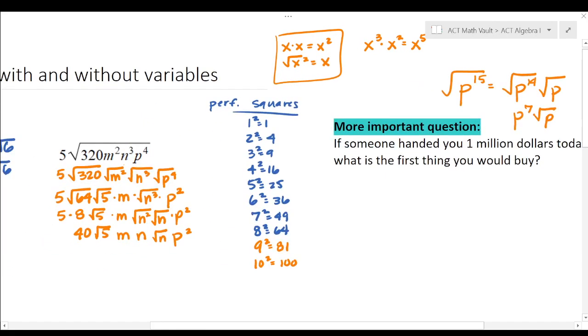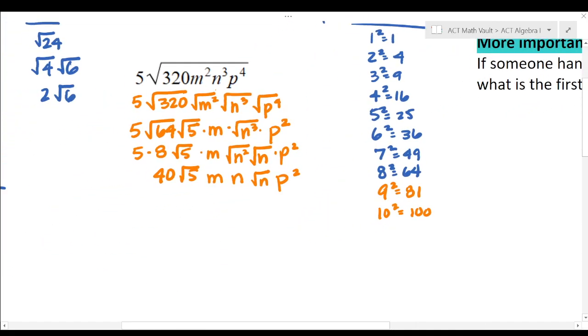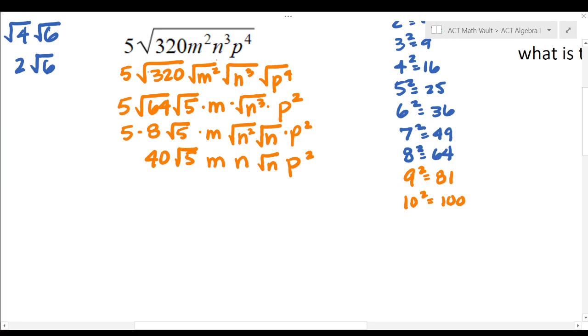So that's how you'd handle all of those odds. Now, what I said earlier is I like to fan all this out and then bring it back together to one nice final answer at the end. So we have 40 m n p squared, and then what's under the root is the 5 and 1 n. Final answer.